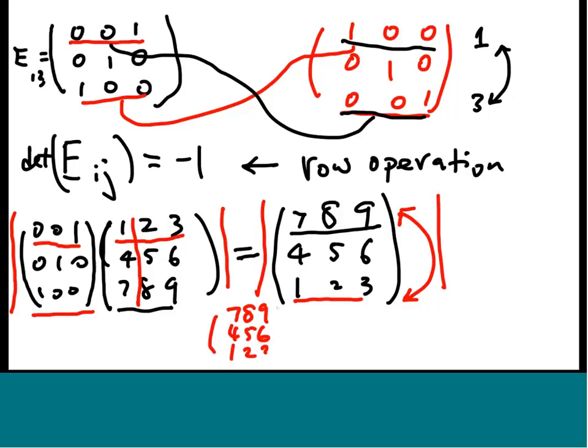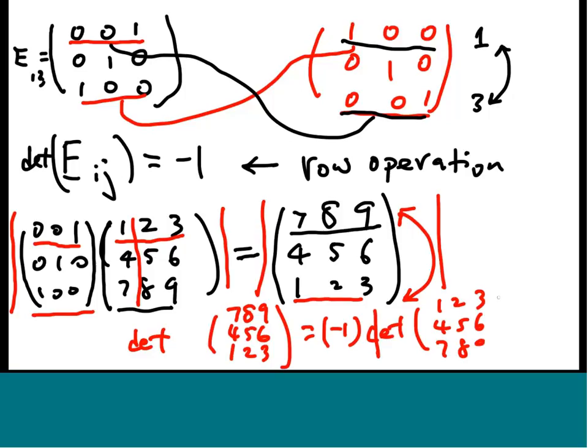Then the determinant equals the determinant of E_ij, which is -1, times the determinant of 1, 2, 3, 4, 5, 6, 7, 8, 9. You got it? The determinant of this equals minus the determinant of this. You got it?